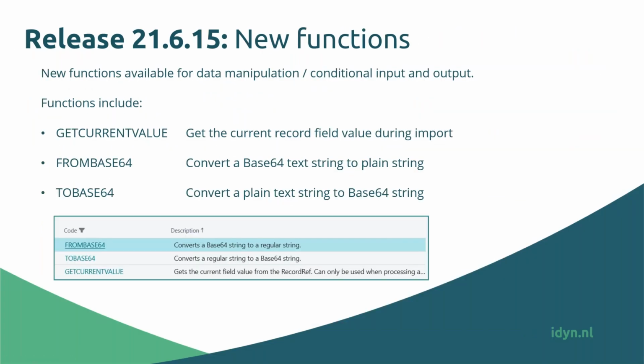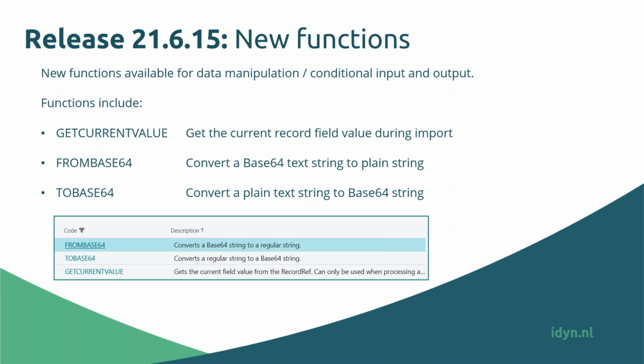And the last part for this session are the new functions. In total, there are 3 new functions in this release. One is to get the current value that's used for import, to allow us to get default values that aren't necessarily available before the import, but during import, so that we can make some decisions on what values to process.